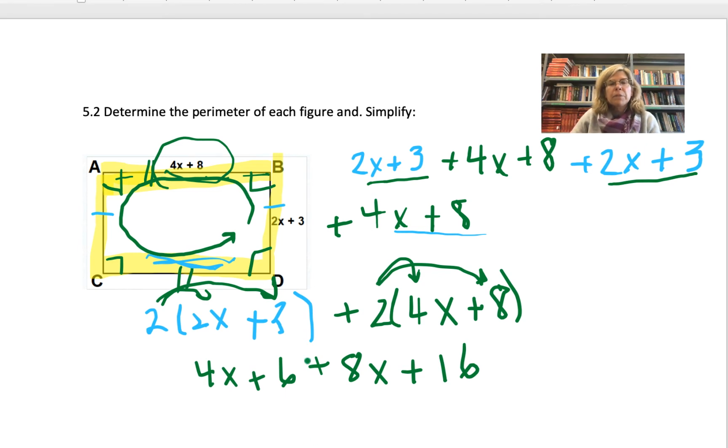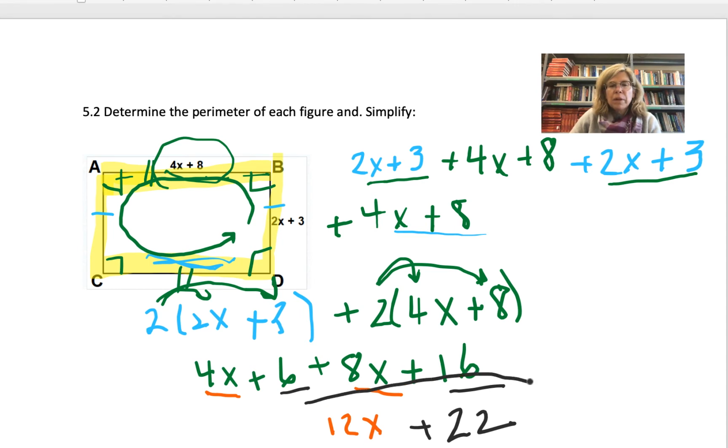To simplify, we put together the x's, the 8x and the 4x, and that comes out to 12x. Then the 6 and the 16 come out to 22. So our final answer is 12x plus 22. That's the simplified perimeter of this object.